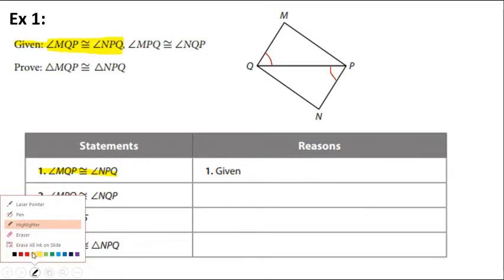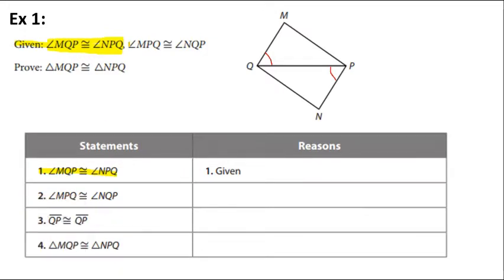is another given statement here, which says angle MQP and NQP are both congruent to each other. So that's my second part here. And again, that was given to me. So let me mark on my triangle what that means.